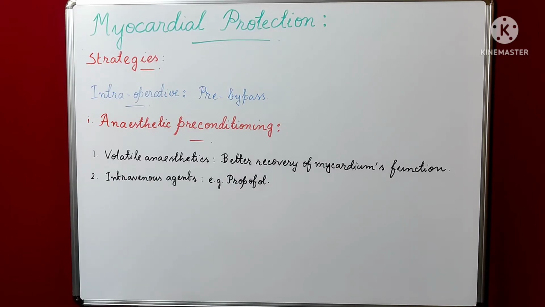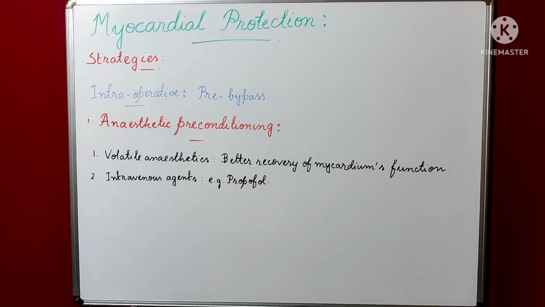But there are some problems with volatile anesthetics. The common problems are decreasing arterial and coronary perfusion pressure, and they also cause dose-related depression of myocardial contractility, and this is in the pre-bypass period.